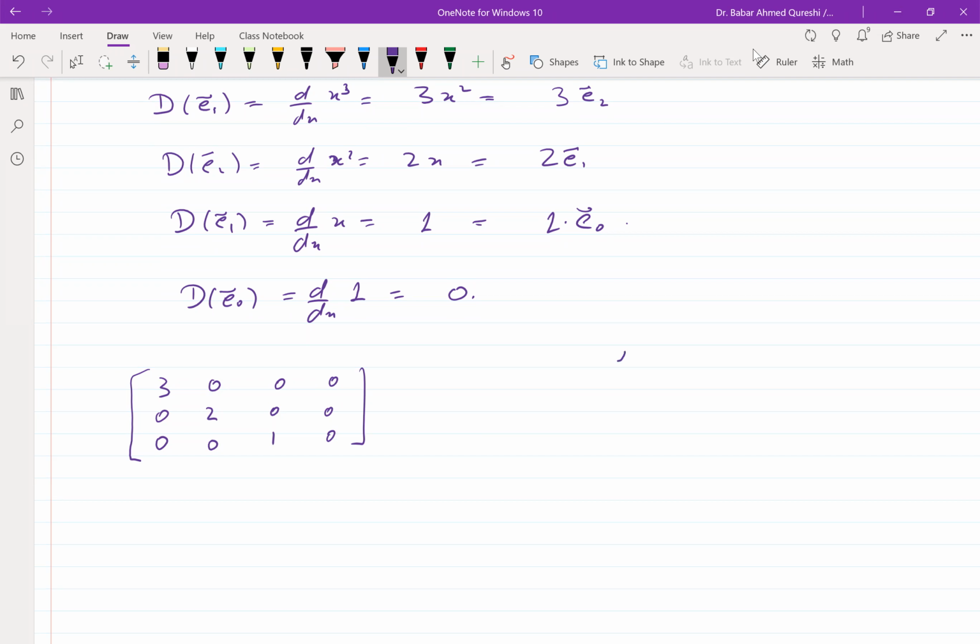So if I differentiate this polynomial, what I'm doing is multiplying this matrix to this vector.